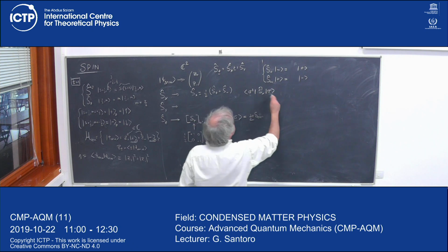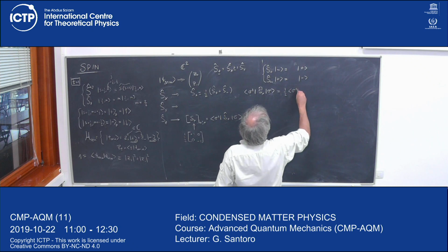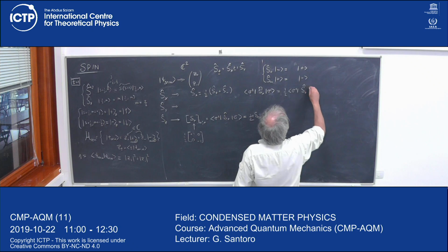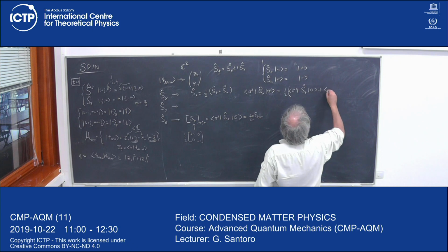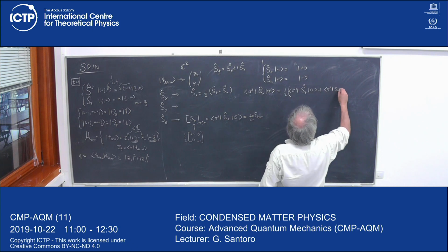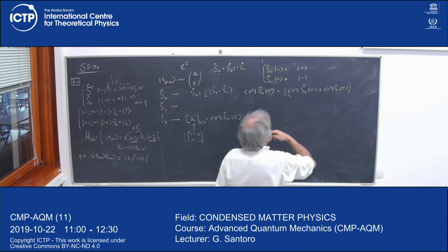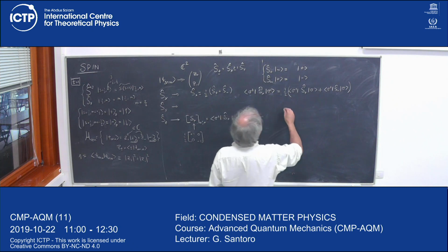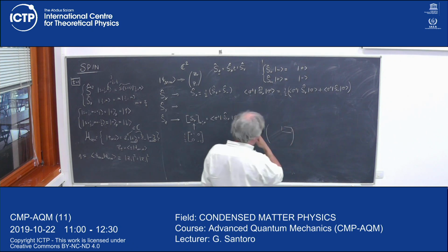So let me take the matrix element between sigma prime and sigma. This is 1/2 of sigma prime S plus sigma, plus sigma prime S minus sigma. Let's try to see.